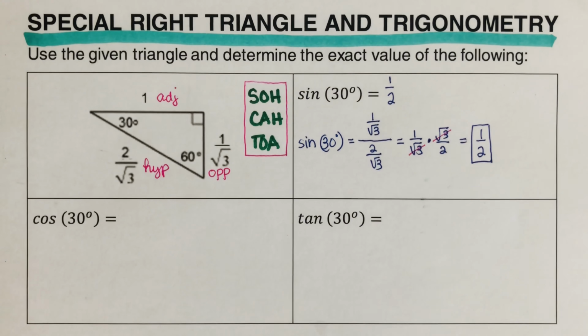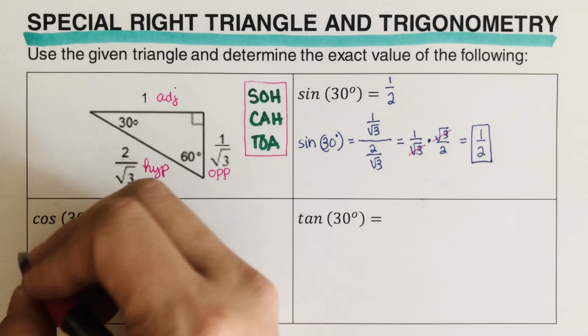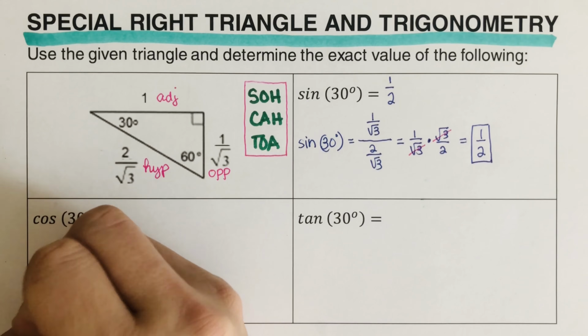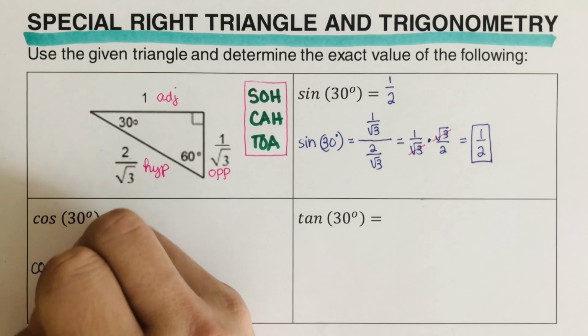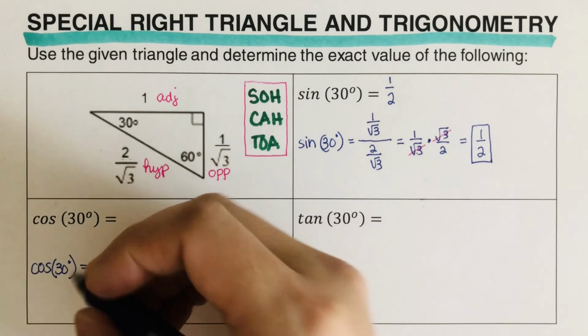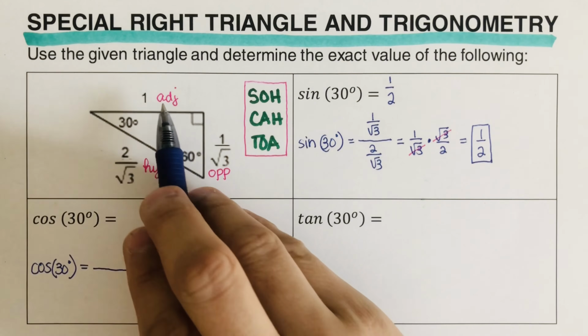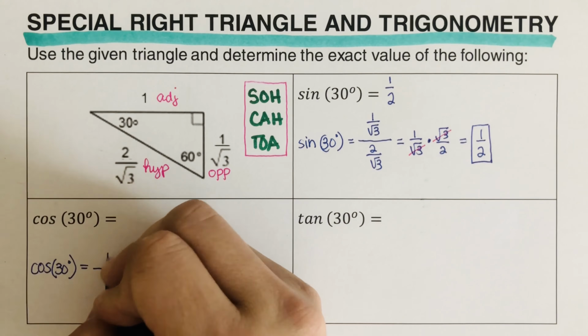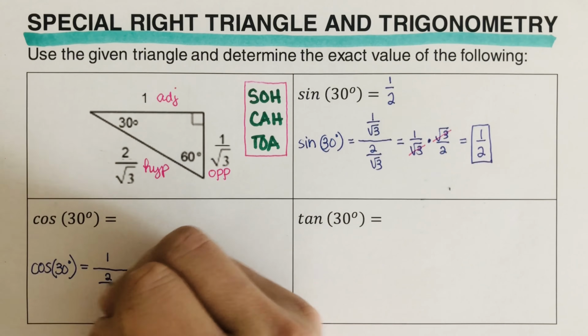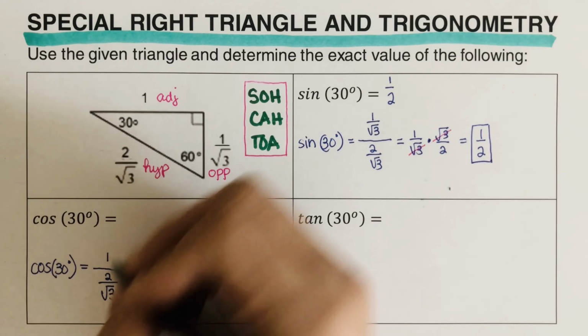Now let's go to cosine 30. It's pretty much the same thing. We write the equation for cosine of 30 degrees. Cosine is adjacent over hypotenuse. What is the adjacent in this problem? That's 1 right there, over the hypotenuse, 2 over square root of 3.